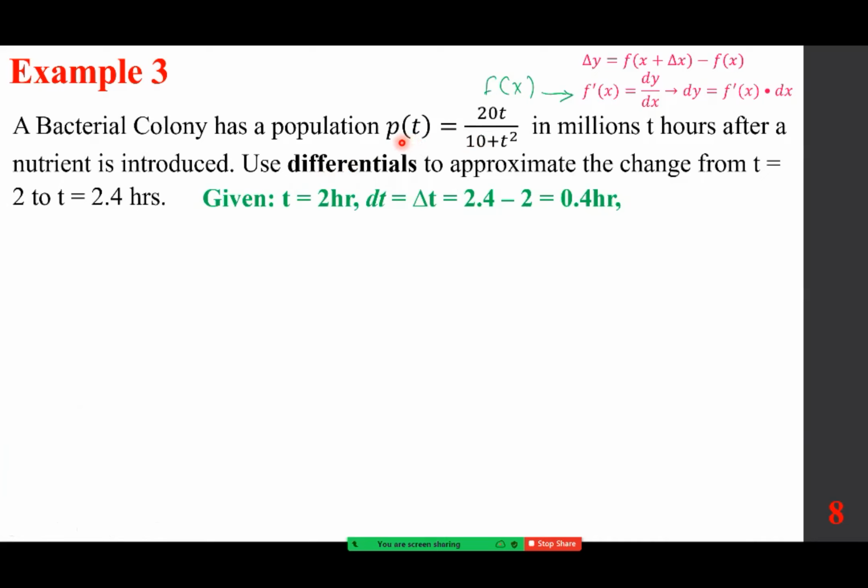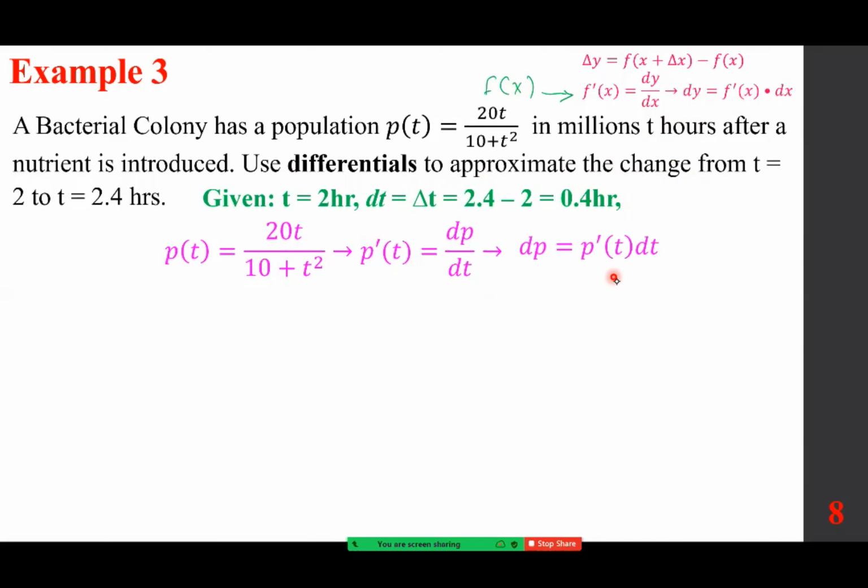That means given P of t, first we want to find P prime of t. f prime of x is dy dx, P prime of t is dP dt. We want to use the differential to approximate. Over here we want dy, over here we want dP, which is the product of these two. So compare and understand what you're looking for.